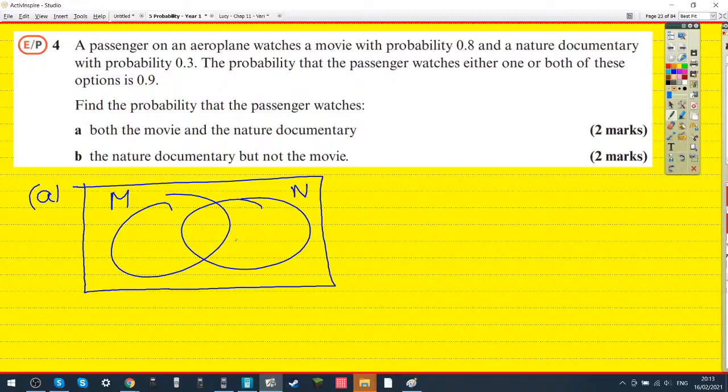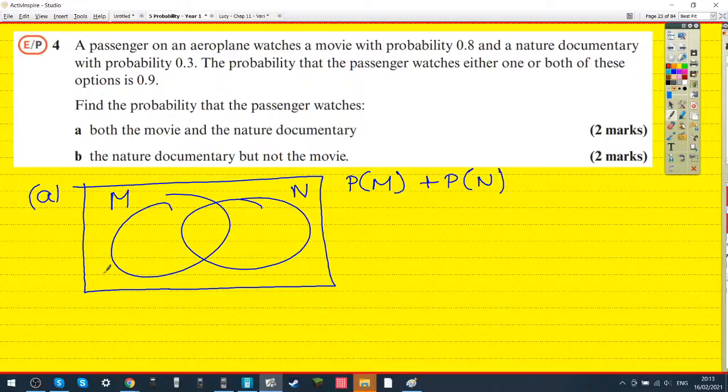Let's see. So the probability of M plus probability of N. What regions is M in?